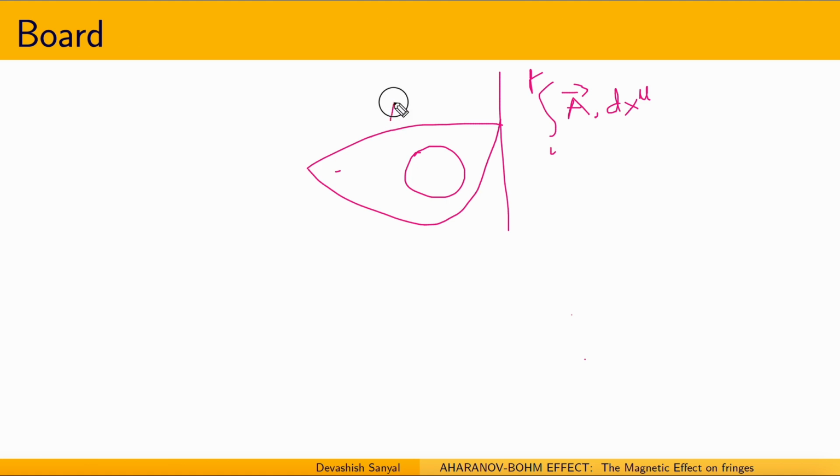This is the upper and this is the lower. Similarly, there is another integral, that is minus i, and then we have F, then we have A dot dx, and this is the superscript L. This is evaluated along the lower path.